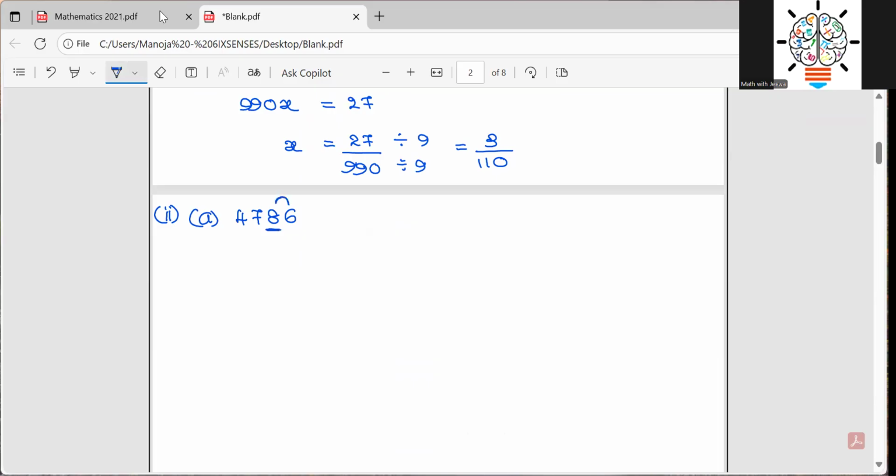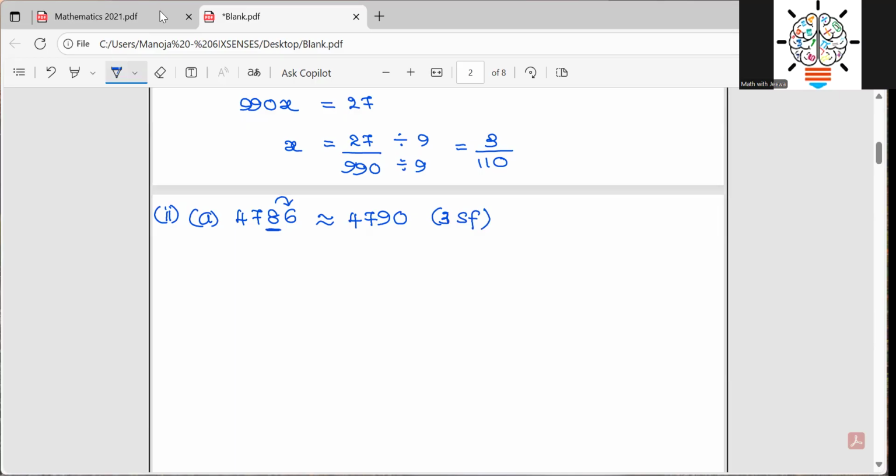Then you look at the next number. If the next number is 5 or more than 5, we need to add 1. To where we need to add 1? To the underlined number, so here we write 4, 7, 9 and 0. Inside the bracket you write, you corrected this to third significant figure like this.